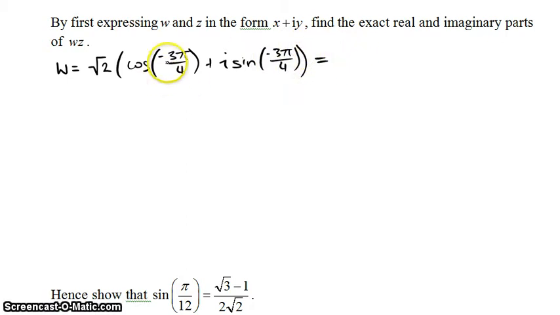So what's this? Well, cosine 3 pi over 4. Again, we can use our triangles to help us here. Minus 3 pi over 4, or even just cosine of 3 pi over 4, would be the cosine of this angle, which is this one in here.